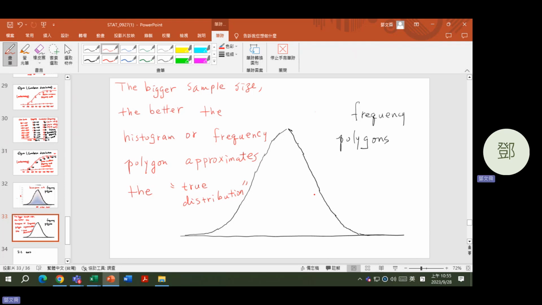Okay, so that's the end of this chapter because I'm going to omit the next subsection. I'm going to omit it here.